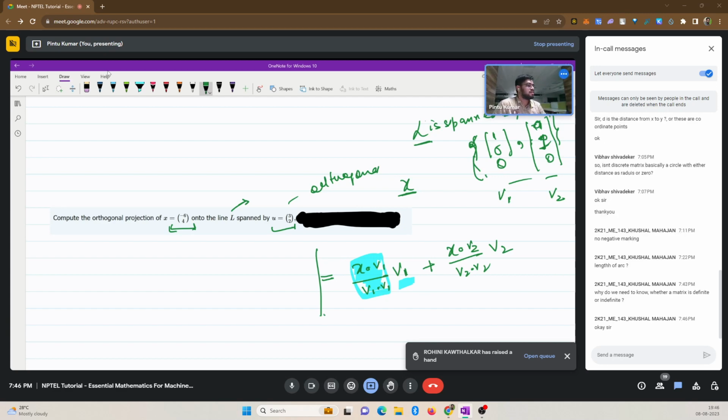Another point is that sometimes it is easier to prove that a matrix is positive definite or semi-definite rather than proving that a matrix is invertible. So in proving a matrix to be invertible also, this sometimes becomes handy. Okay.